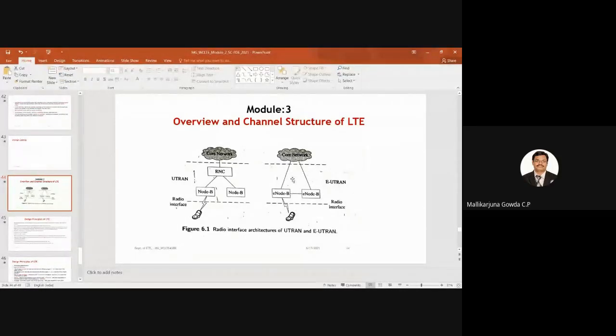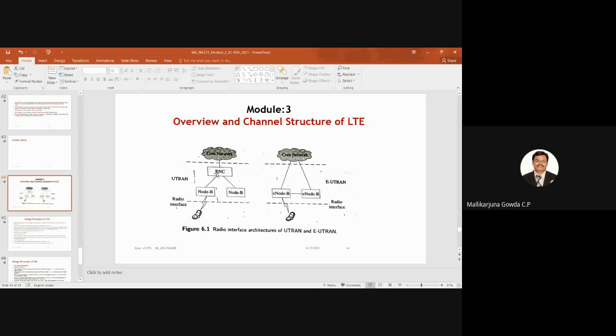So in the evolved UMTS terrestrial radio access network, in short E-Utron, the number of network elements in the radio access network has been reduced compared to the earlier version of the network, that is Utron. In a radio access network, there are two elements.